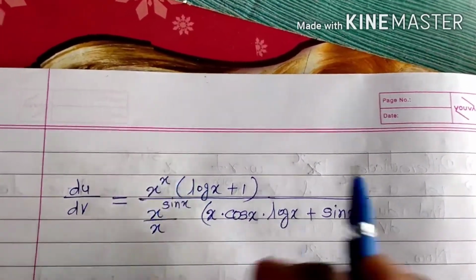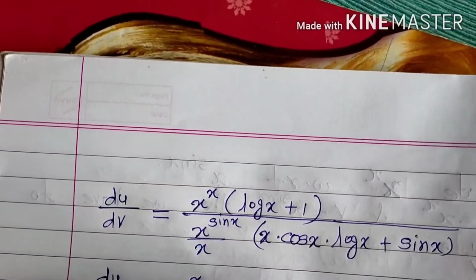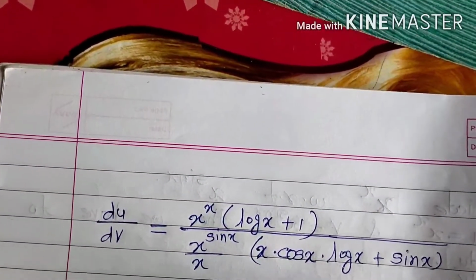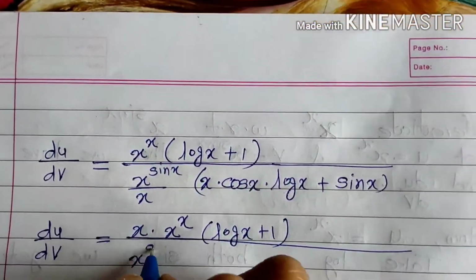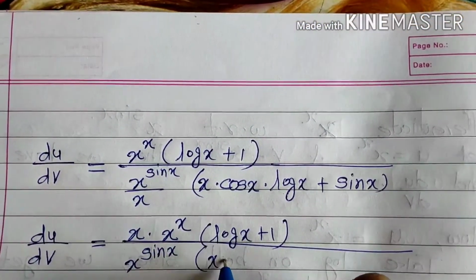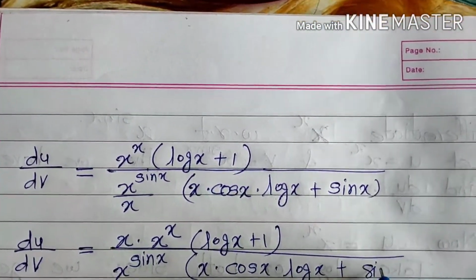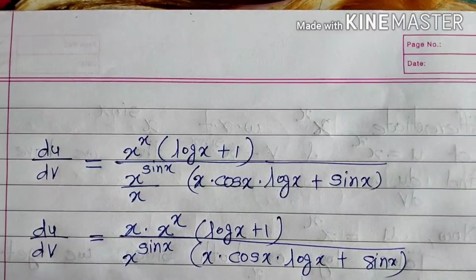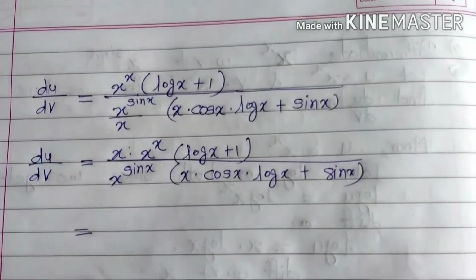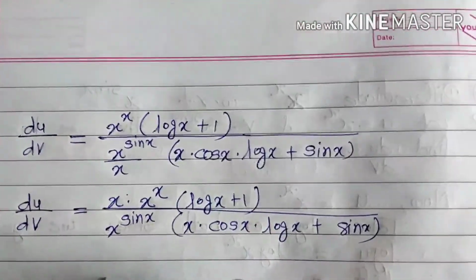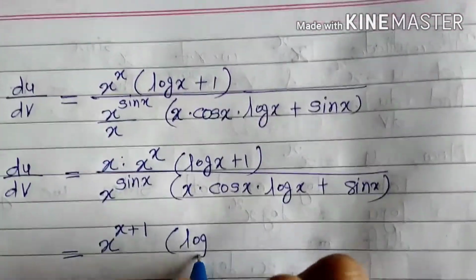Now x will jump here, so we get du upon dv is equal to x into x raised to x and log x plus 1 upon x raised to sin x. Now here 1 is present, so by using rules of indices you can add here, x plus 1 and log x plus 1.